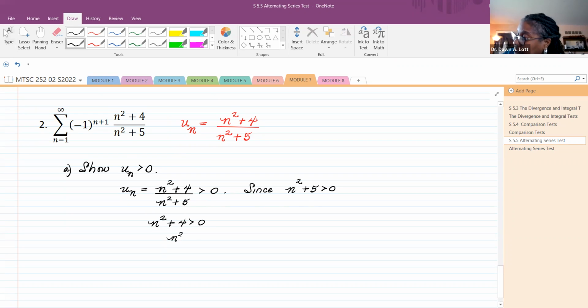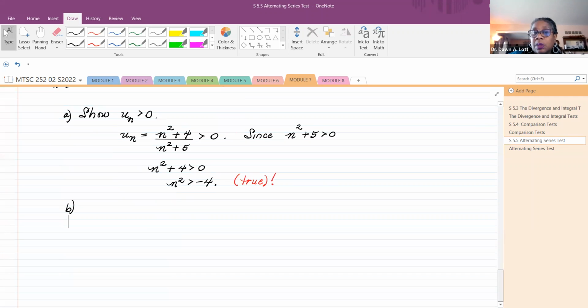And we get n squared is greater than negative 4. And that is clearly true. So A is done. Okay, B is traditionally the more difficult criteria. So this one is usually the most difficult criteria to prove.